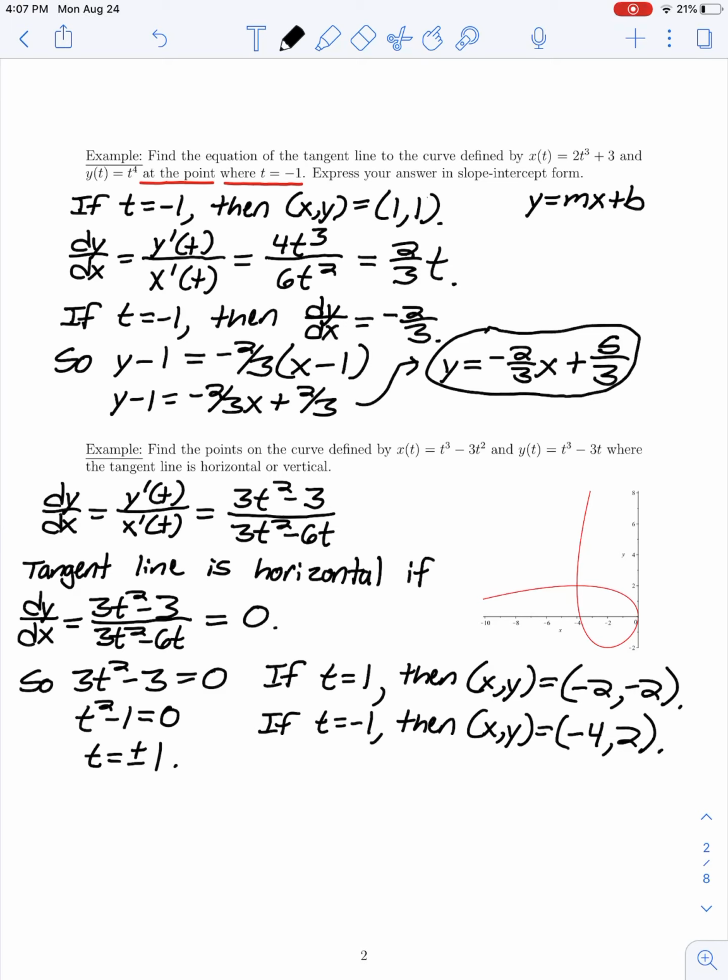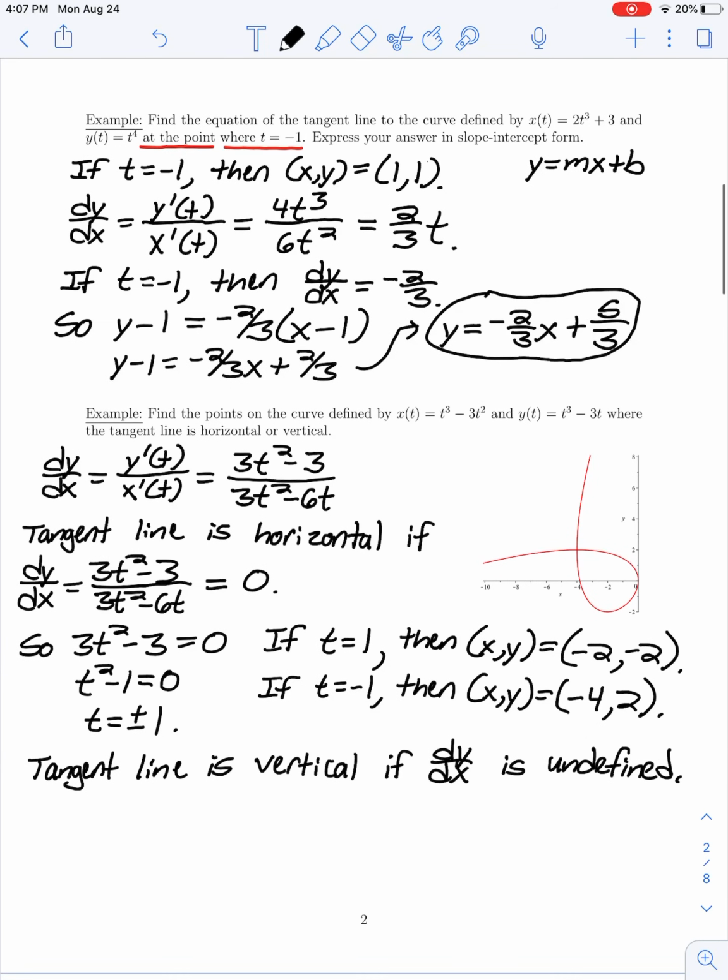Okay. Now we were also asked for points where our tangent line is vertical. So we would say our tangent line is vertical if the derivative dy dx is undefined. Remember, the slope of a vertical line is undefined.